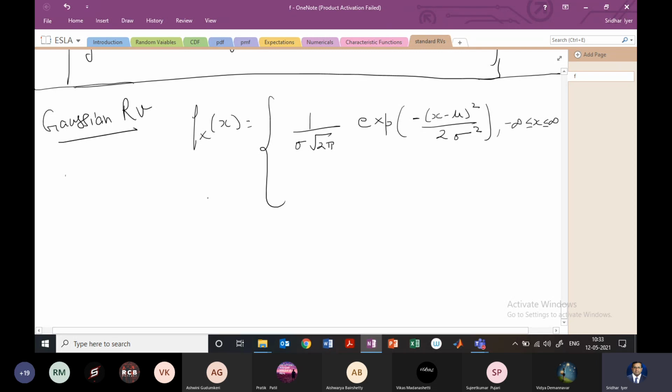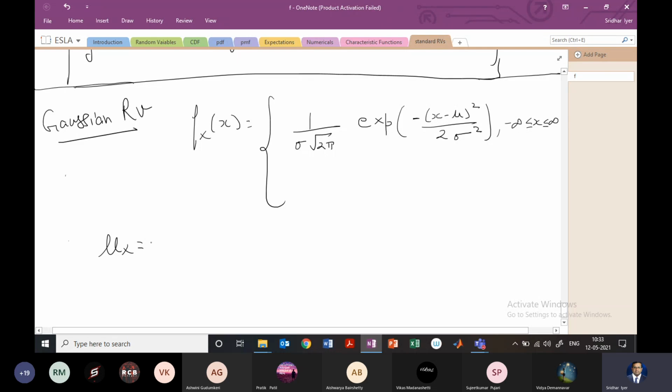Now the mean value. I'm not deriving the mean value because you can see here that it will be complicated to integrate this and find x f x of x dx. If time permits, later on we'll derive what the mean value is.